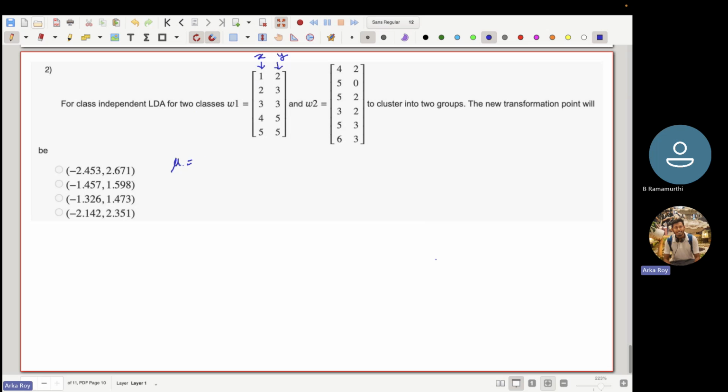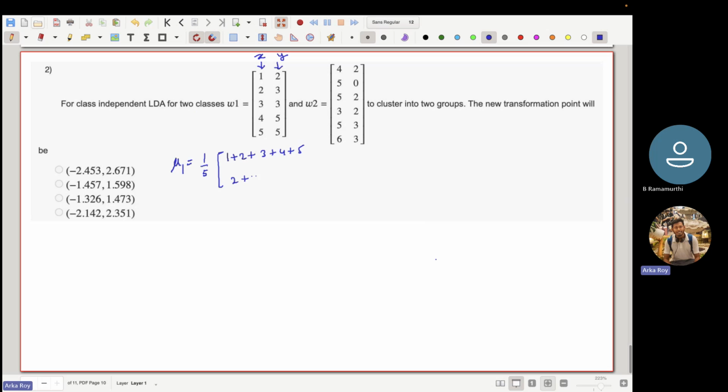So for class one, I have to calculate mu1. In class one, we have 5 data points, so 1 upon 5, and we have to add them.